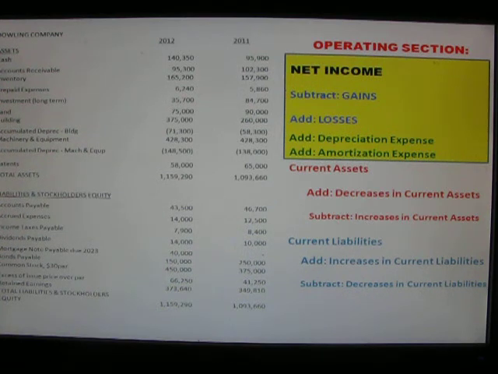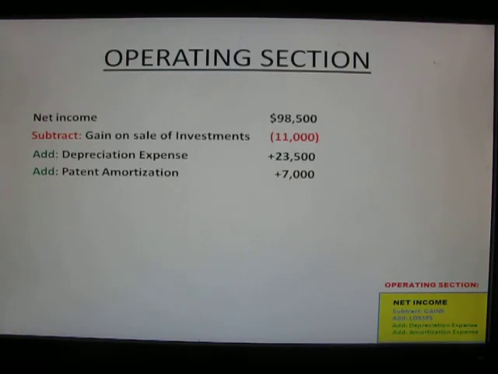You start with the net income, and then you subtract any gains, add back any losses, and then you add back your depreciation and amortization expense. Let's see what that looks like. For our operating section, we would start with our net income, and then we subtract a gain on sale of investments. Gains and losses are accounting entries.